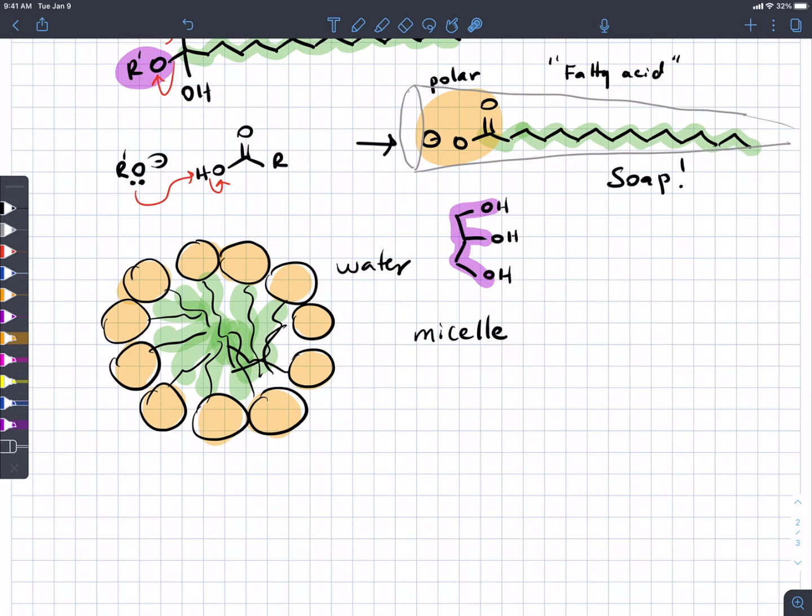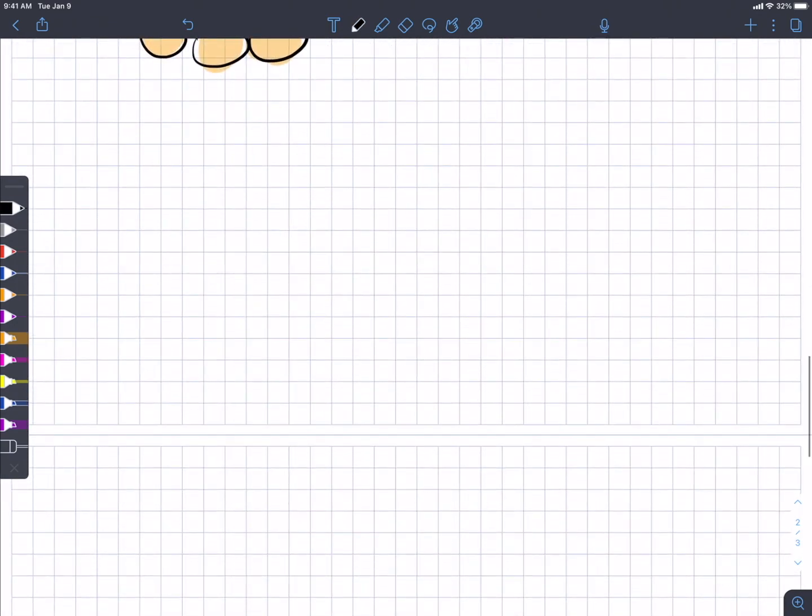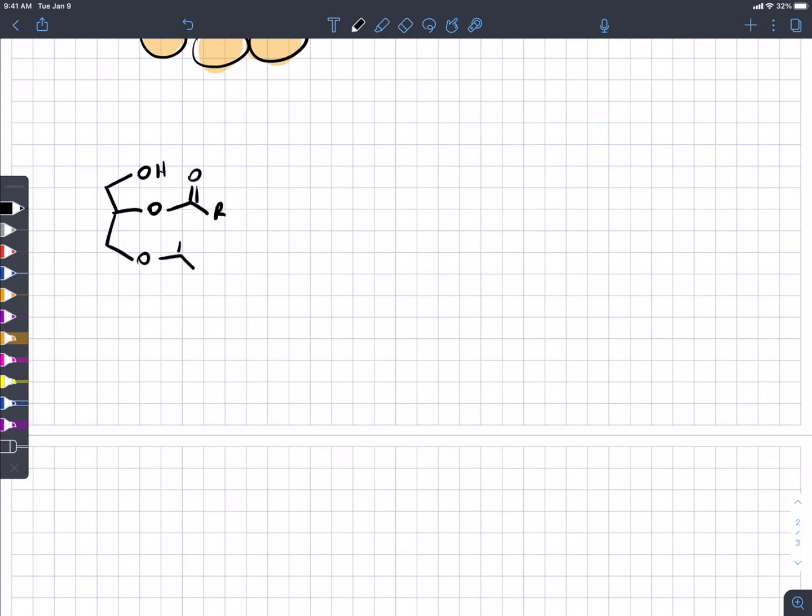Okay. Just a couple other things to do with these triglycerides. It turns out if you remove one of the fatty acids, you have something that's called a diacylglycerol. That's abbreviated as DAG, and you may have seen that in other biology or cell bio type classes.